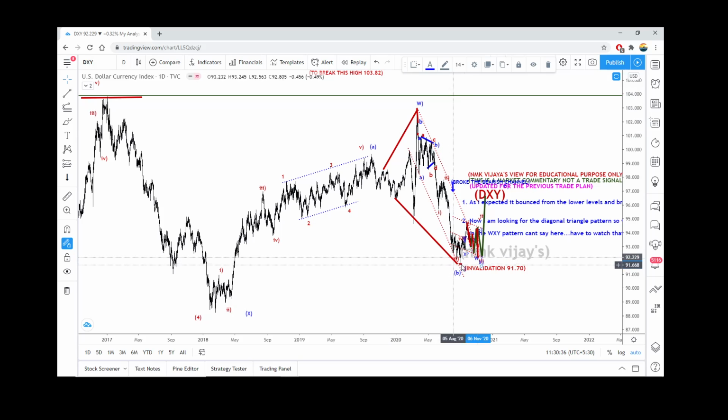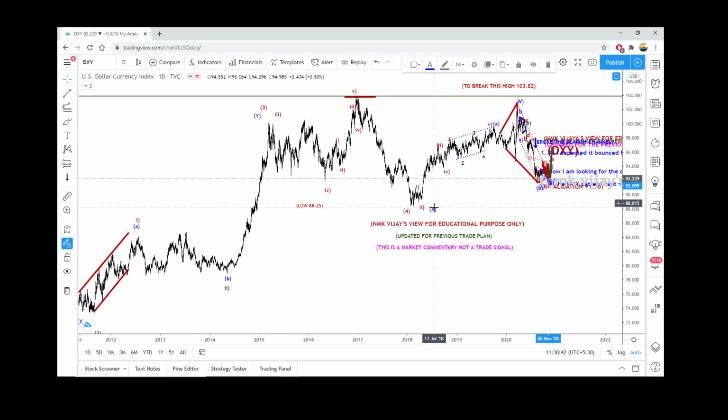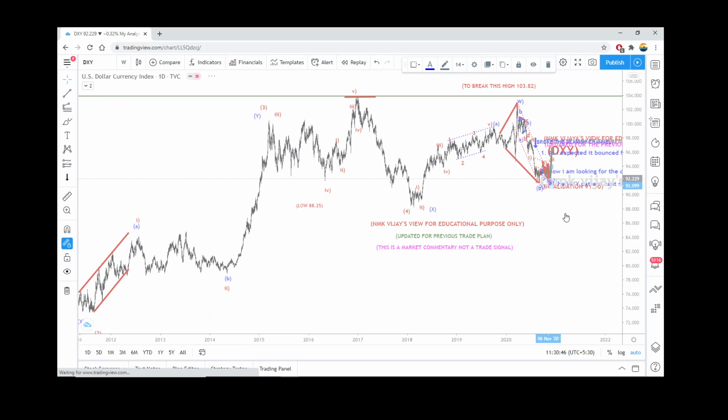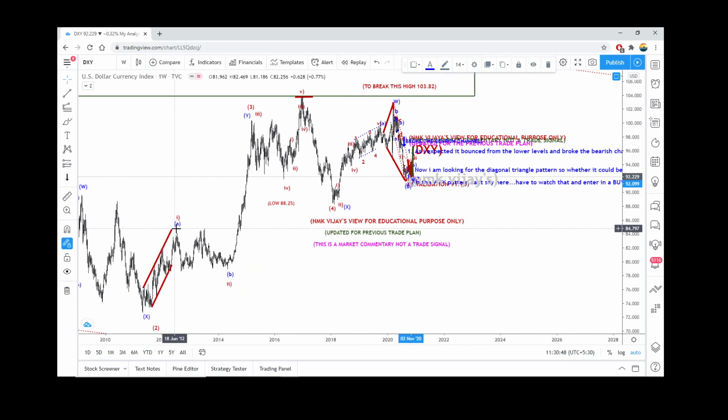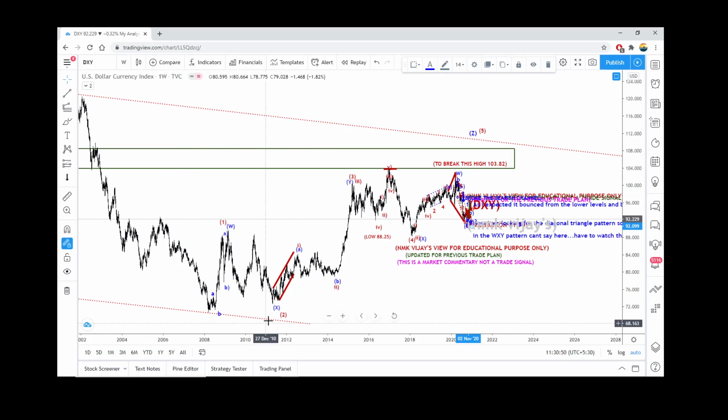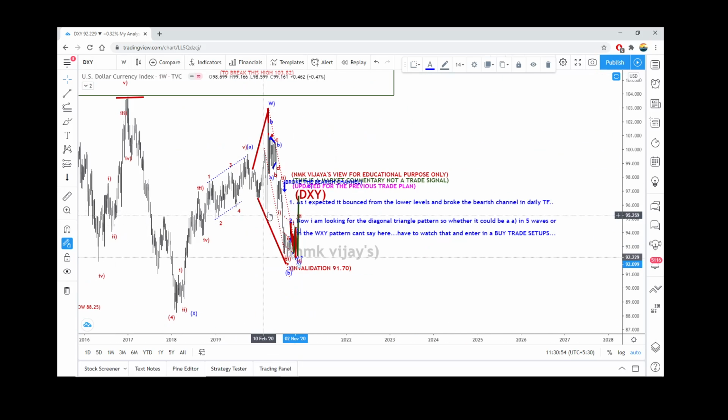If it breaks this 91.7 and comes down, it's still bearish. In that rare case, this could be a truncated, because ABC is a 1, ABC is a 2, ABC is a 3, ABC is a 4. So I'm expecting this A is completed here.